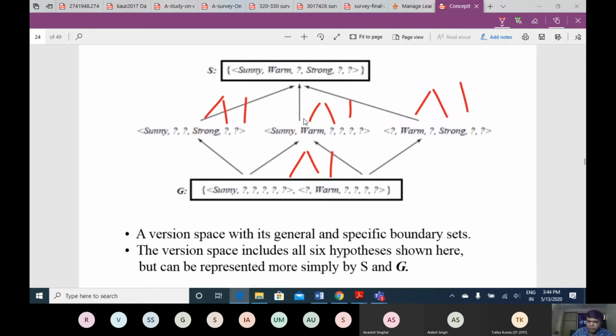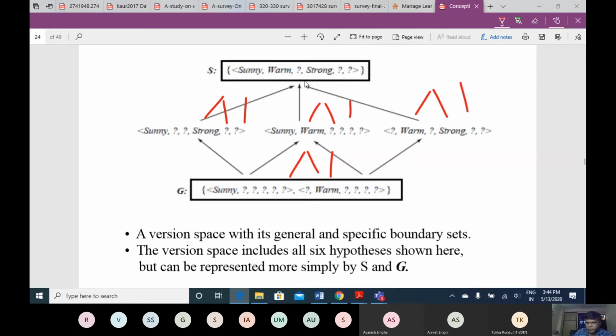Okay, now what we want to do is identify a version space for a particular set of examples, for a particular scenario, as we have seen the enjoy sport scenario. We want to identify a version space whose boundaries define the concept as close as possible.